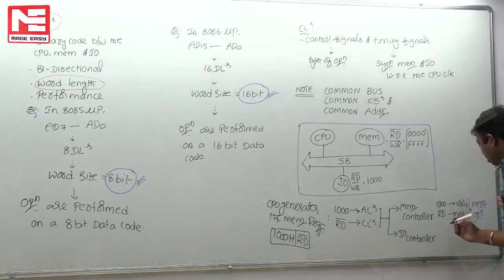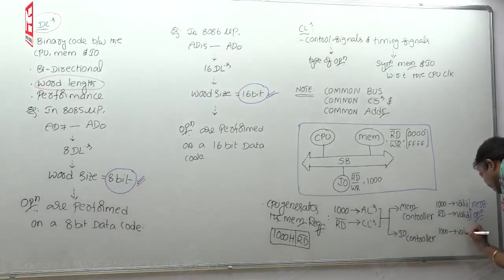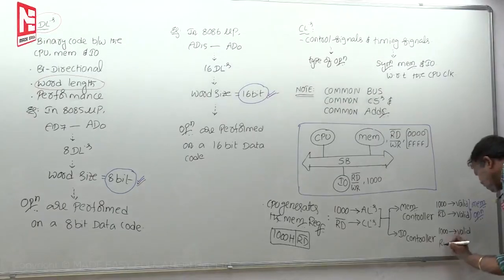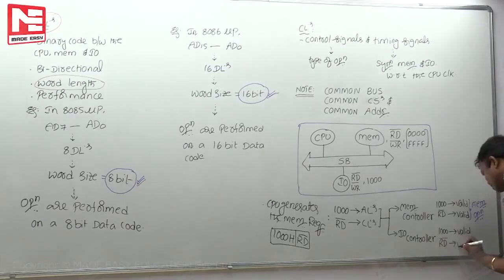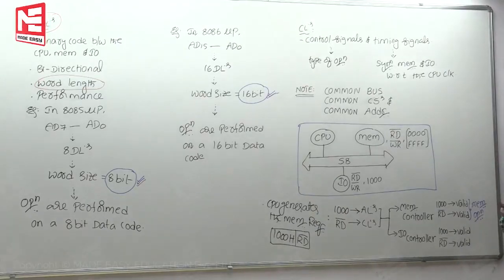Simultaneously, the IO controller decodes the address, which is valid. The IO controller decodes the signal, which is also valid. So address and control signal both are valid. Now the IO device realizes that the CPU is expecting something, so let me transmit. So the IO operation is also ready. Right?